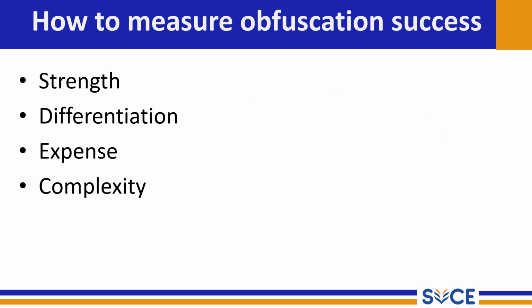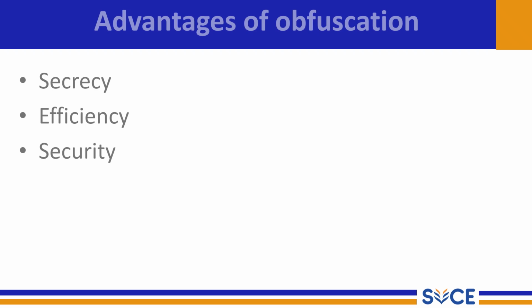And now, next, we will discuss the advantages of obfuscation. The main advantages include secrecy, efficiency, and security. First of all, secrecy. Obfuscation hides the valuable information contained in the code.